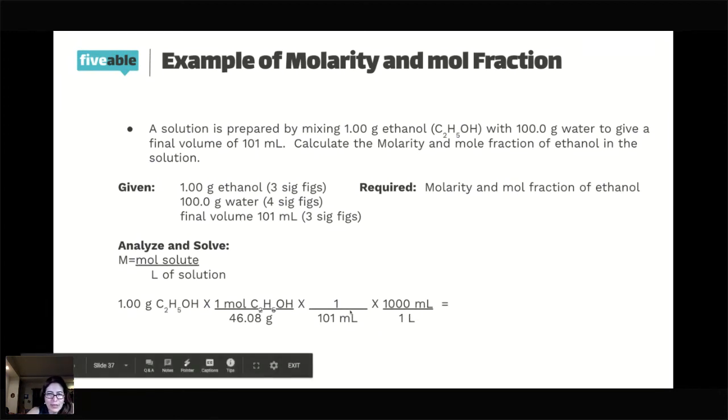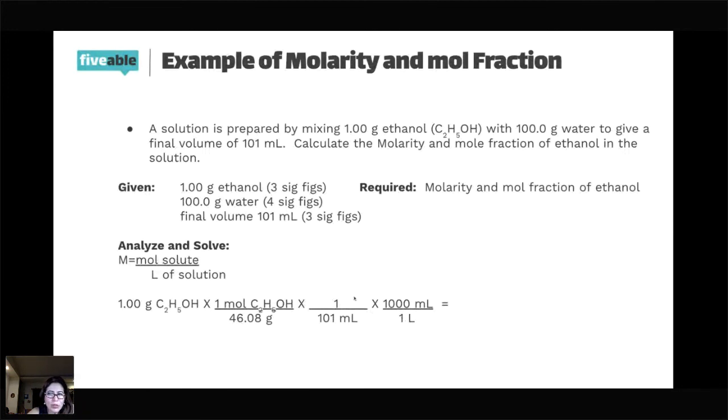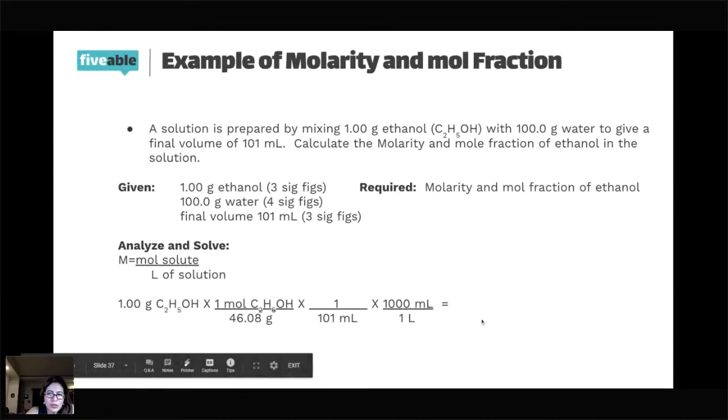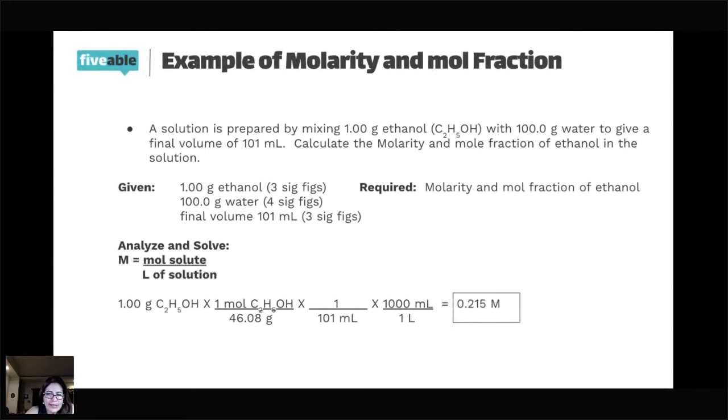So once we set up the problem this way, we already canceled grams and we already canceled milliliters. So our units are going to be moles per liter, which is precisely what we needed for molarity. So we're done. We use our calculator and get the answer.